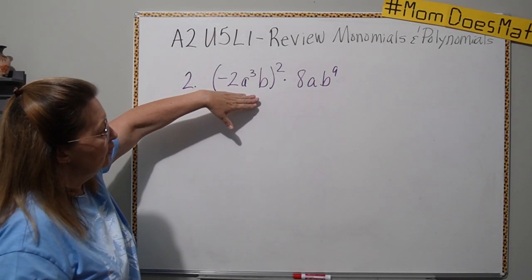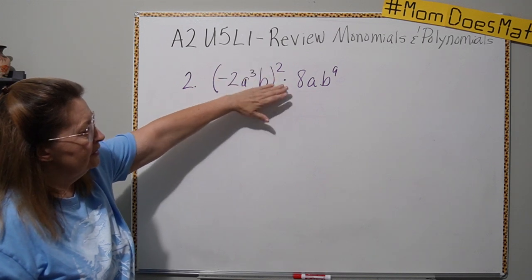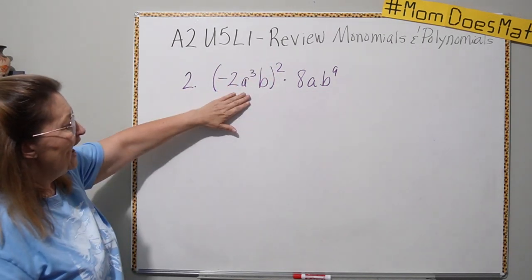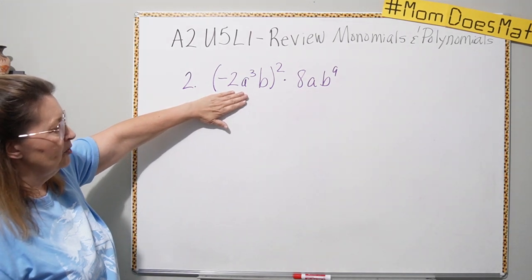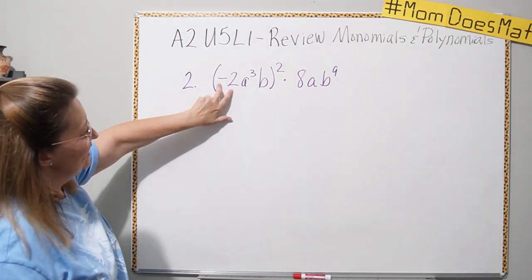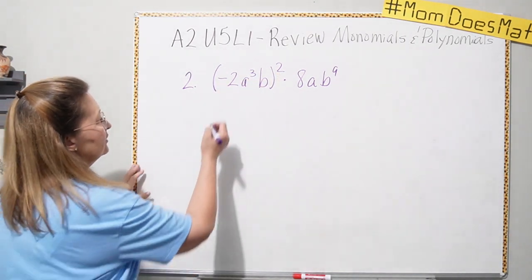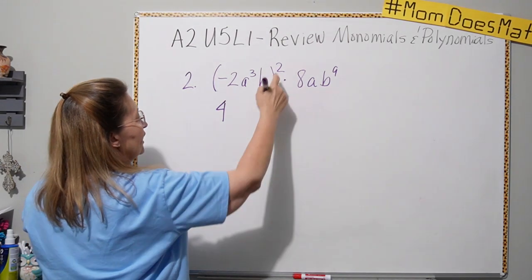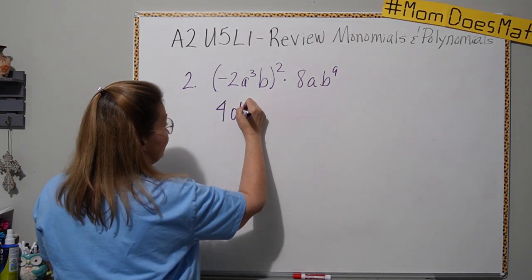Negative 2a cubed b all squared times 8ab to the 9th. Well, the first thing we need to do is square everything that's in this set of parentheses. So when you take negative 2 and you square it, you get positive 4. When you take a to the 3rd and you square it, you get a to the 6th.